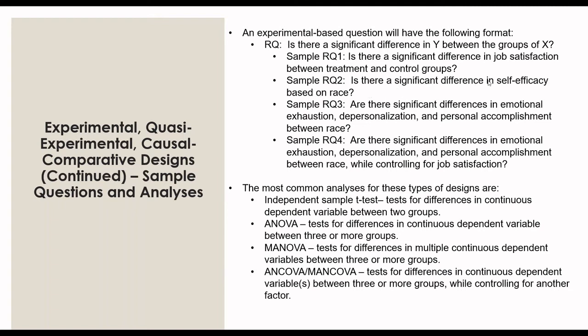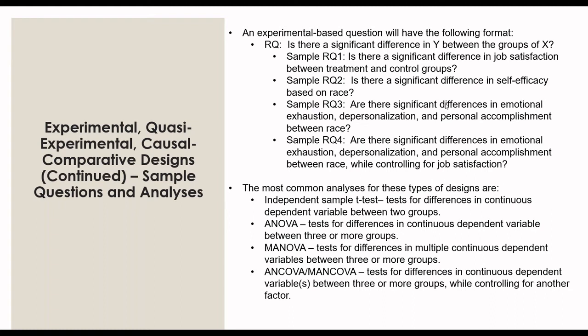Is there a significant difference in self-efficacy based on race? Race is predetermined. You're not going to manipulate what group or what race participants are in. That is designated before you even begin the research. So that would be a good example of quasi-experimental or causal comparative. It's when the group placement is predefined.